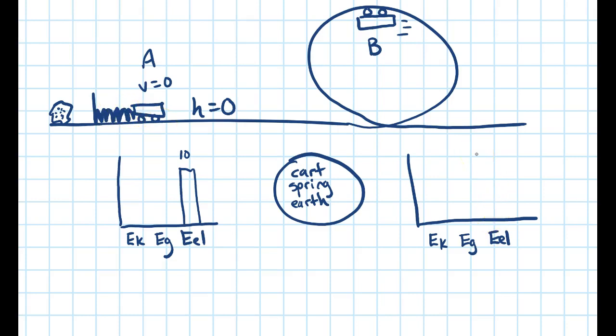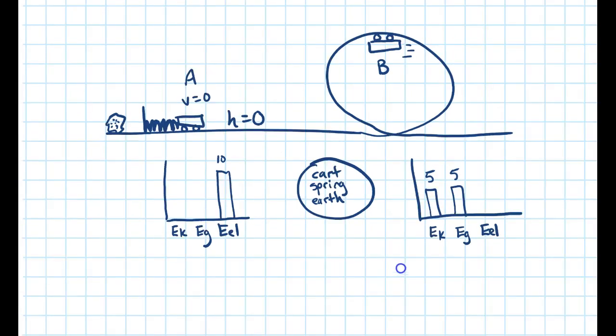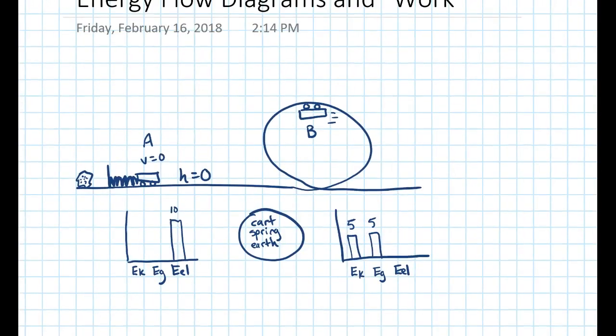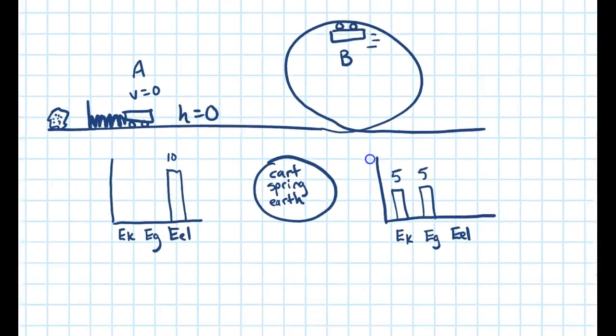The cart is moving and the cart is elevated, so we're going to have some energy in each category here. And I don't really know how much is in each category, but I know it should add up to my total from earlier.